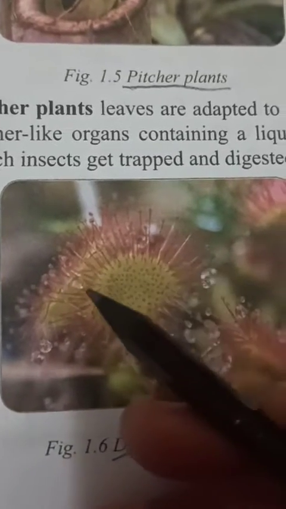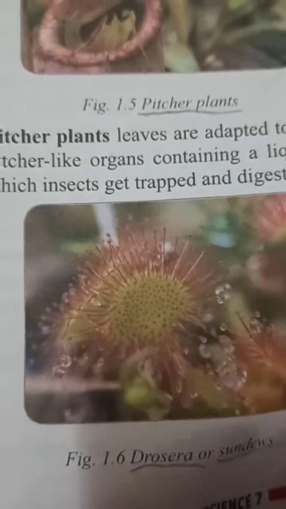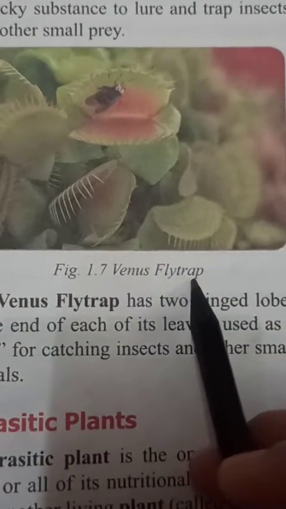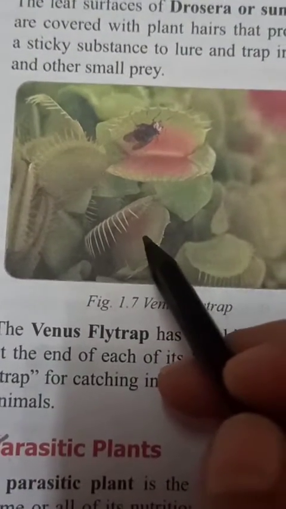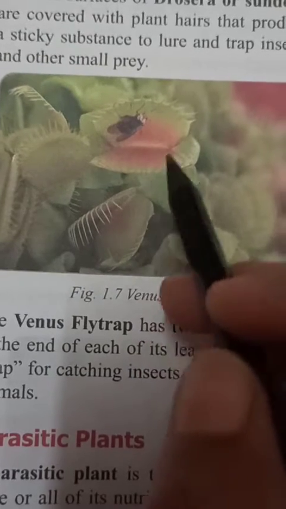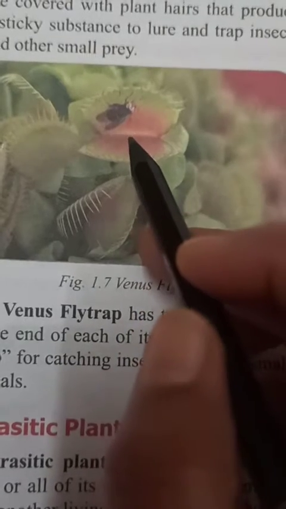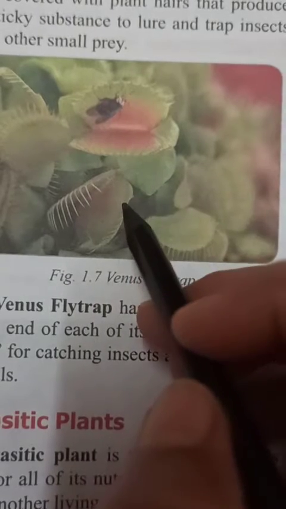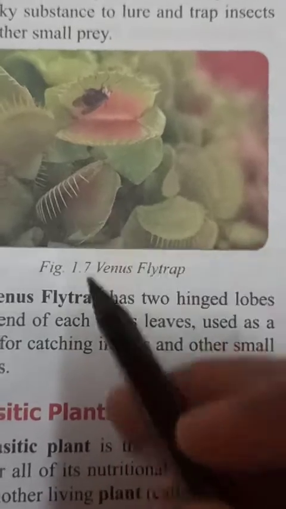It also has a modified structure to catch insects. In the same way we studied the Venus flytrap, whose leaves are modified like 2 flaps, and as an insect comes into it, both close to trap the insect.